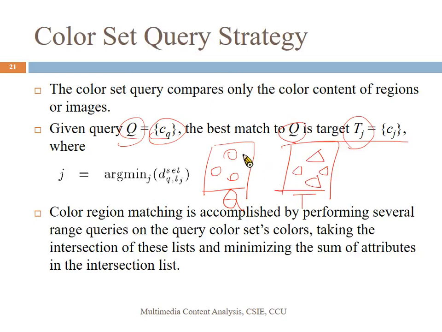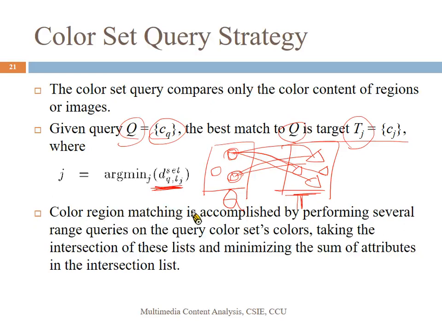We calculate the similarity between any pair of the regions: this region and this region, this region and that region, and so on. The image T is selected as the return image if the distance between regions is the smallest one. This is the so-called color region matching.